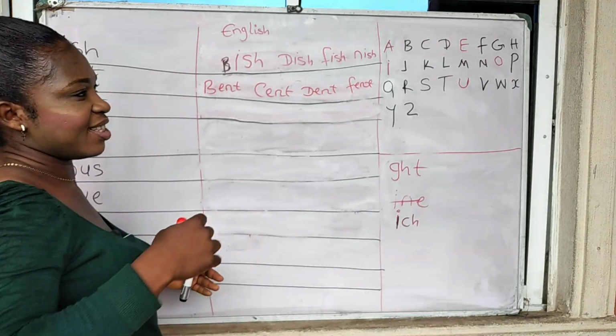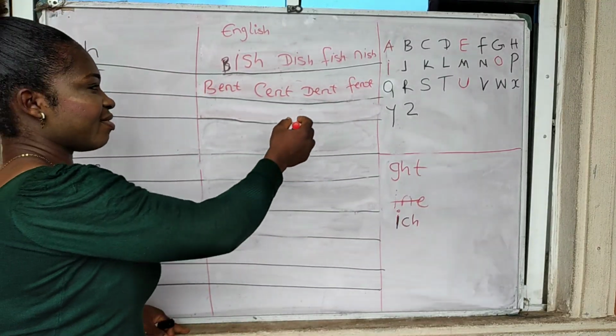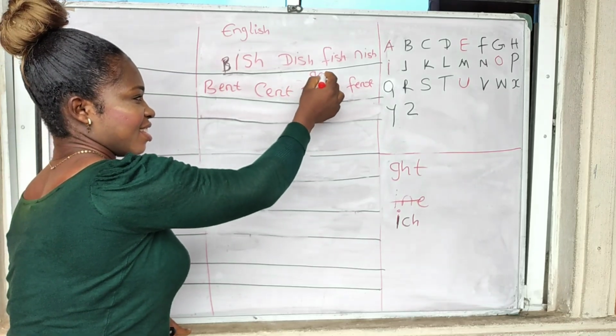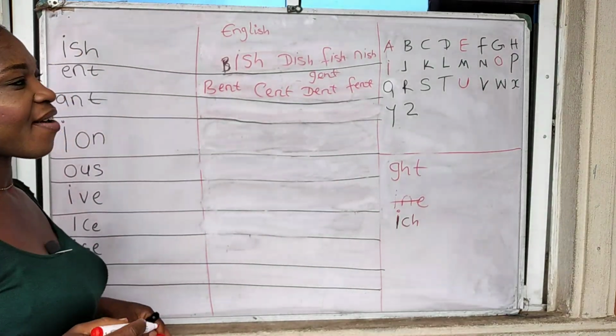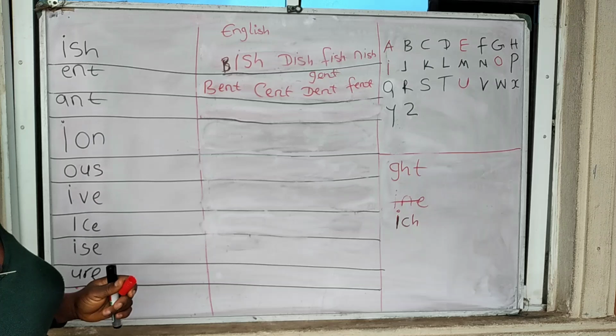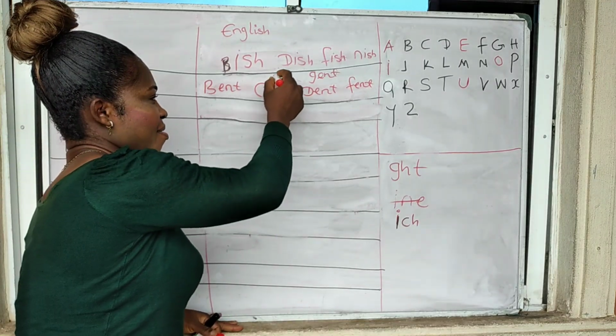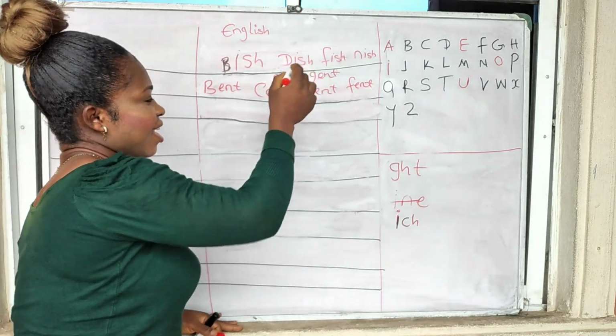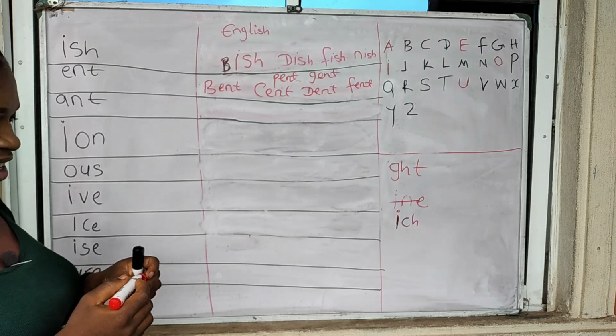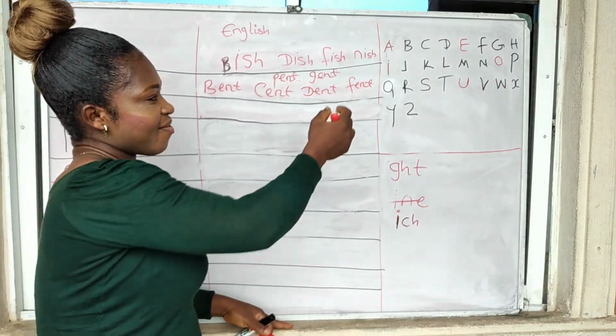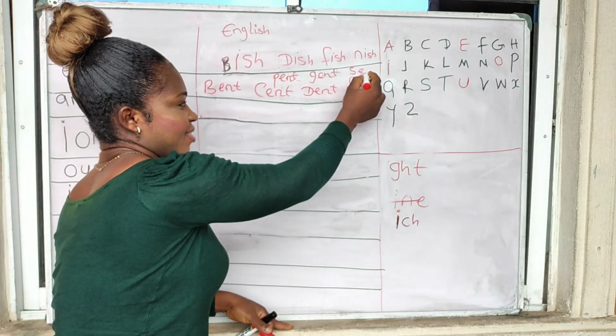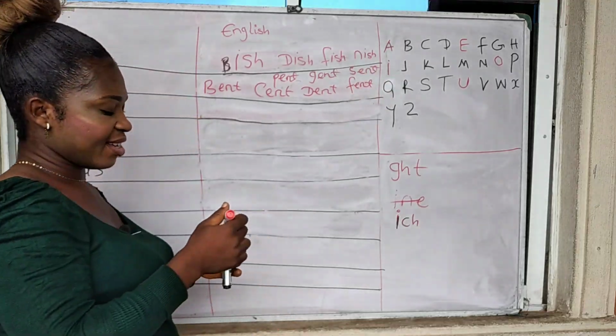If I choose letter G, I have gent. If I choose letter P, I have paint. So you can choose any of the letters. If I choose S, I have scent, and the rest like that.